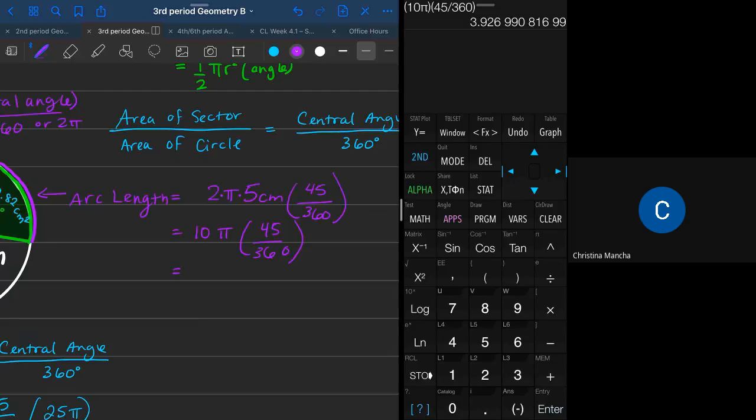And so then here we have 3.926, which means that arc length is equal to 3.93. Okay.